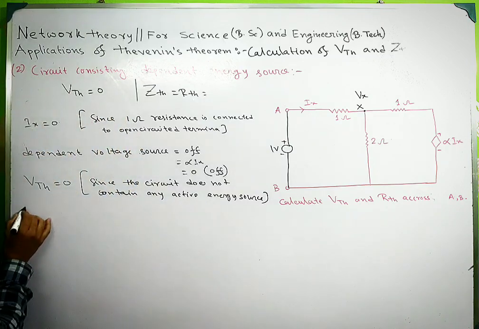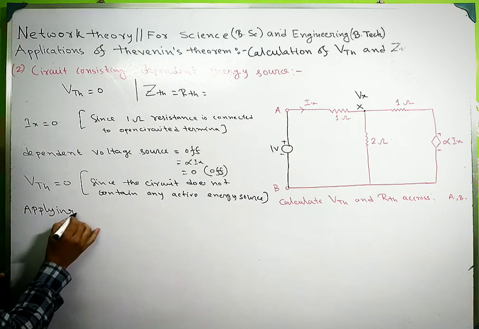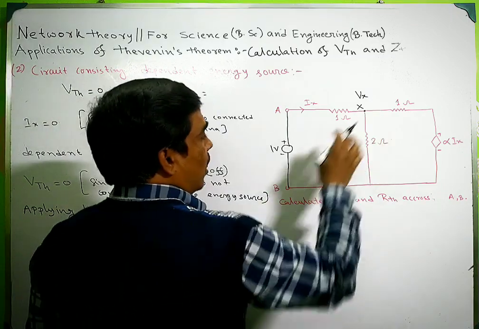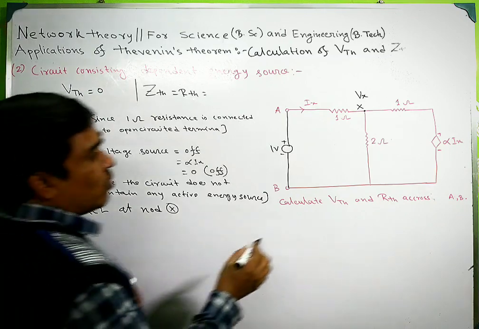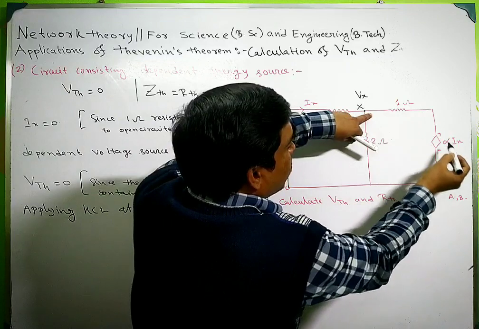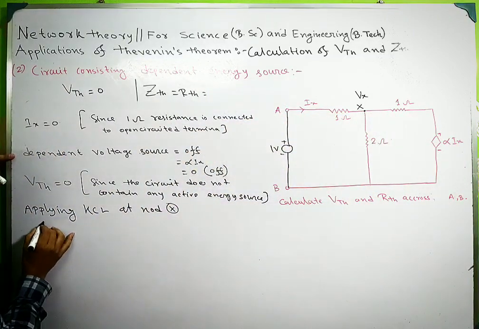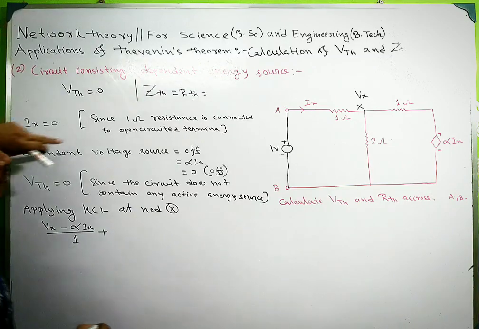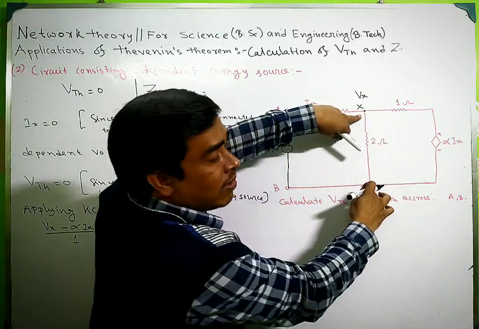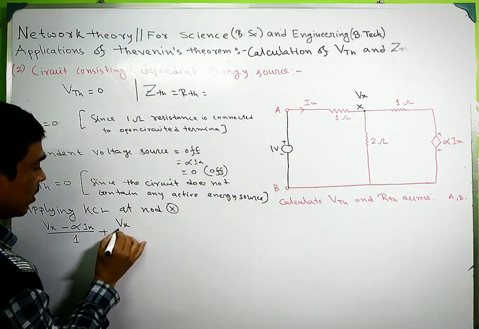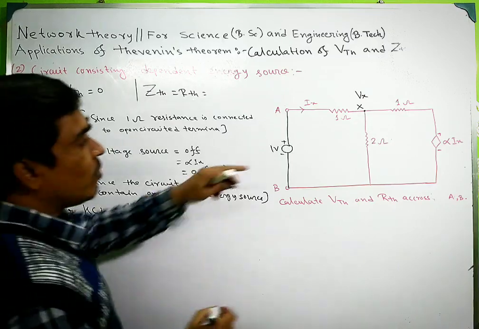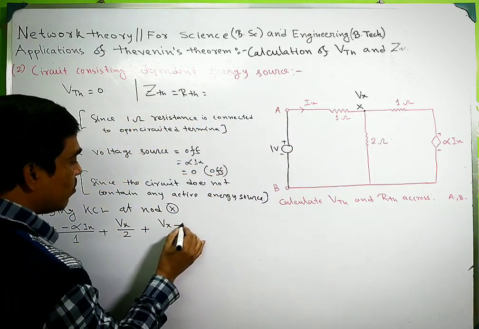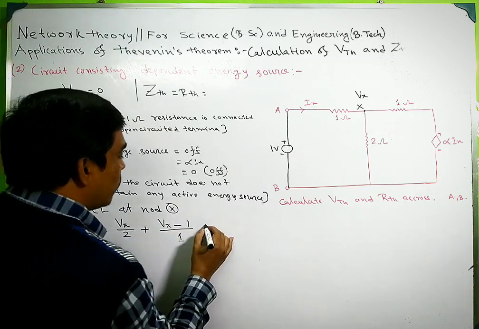Now applying KCL at node X. The current through this branch will be (Vx minus alpha Ix) divided by 1, plus the current through this 2 ohm resistance, Vx divided by 2, plus the current through this 1 ohm resistance, (Vx minus 1) divided by 1, must equal 0.